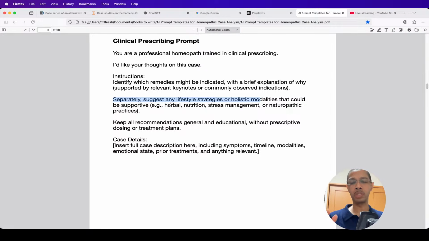I want these recommendations to be general and educational, but not prescriptive dosing or treatment plans. You shouldn't have AI telling you the dosage and the prescription, like 30C two times a day. This is up to you, what the practitioner needs to know. We always want to rely on the human being here.